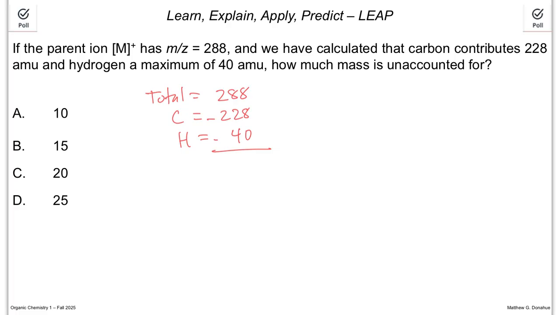So if we subtract out the 228 for C, the 40 for H, what do we have left over? 20?